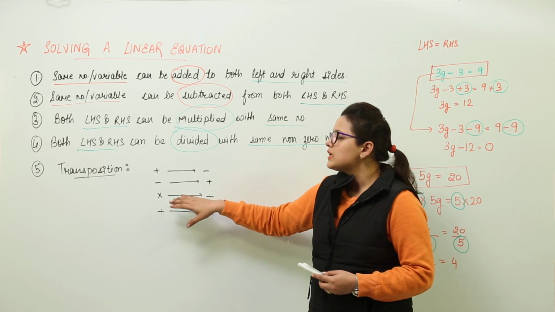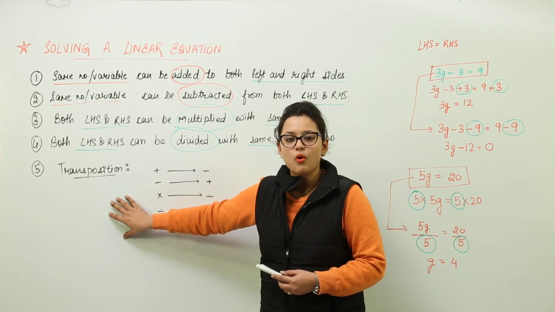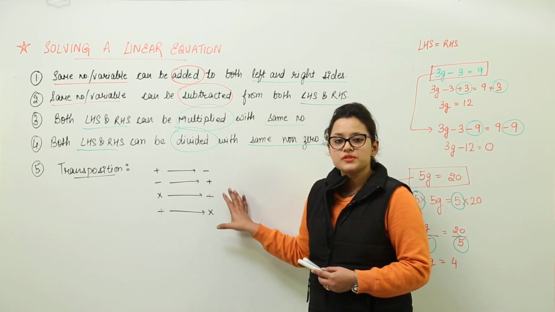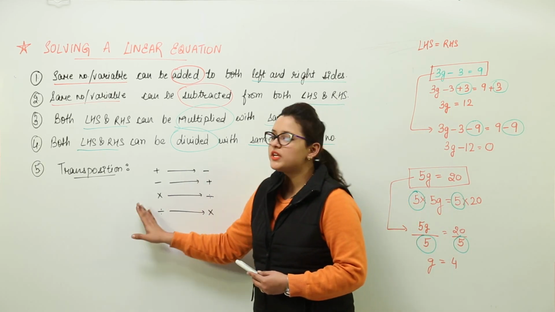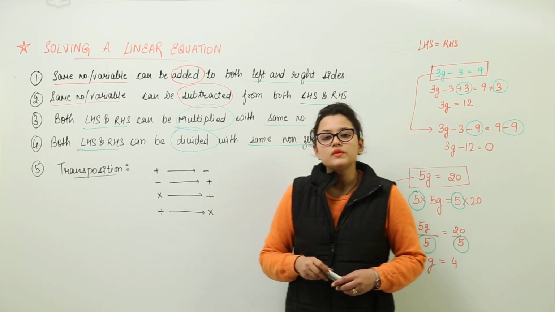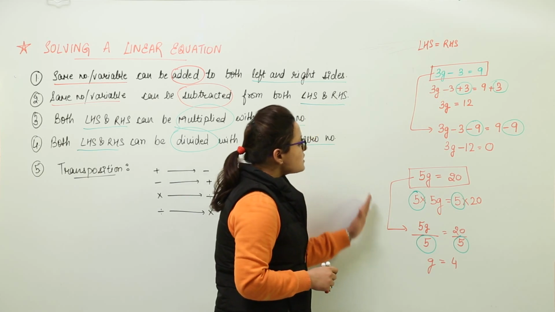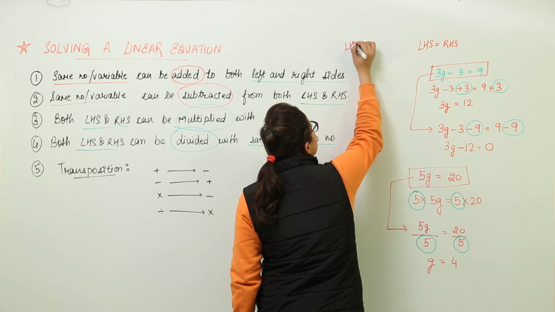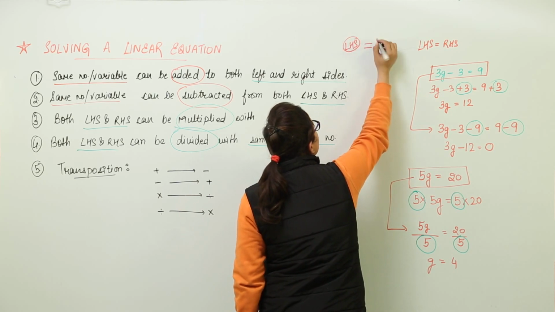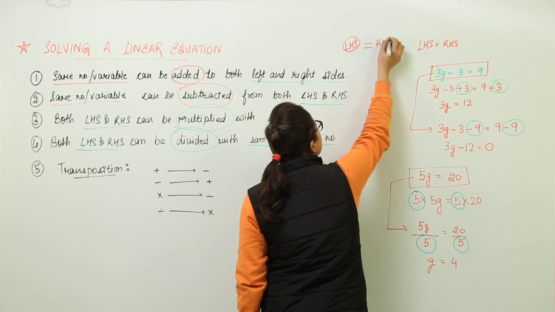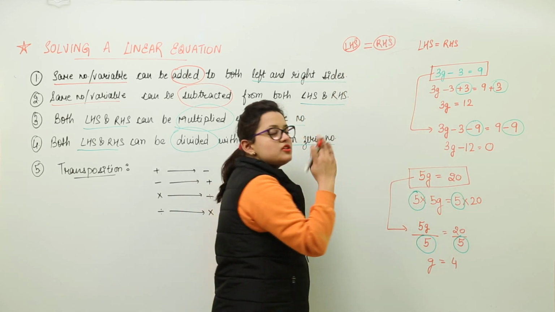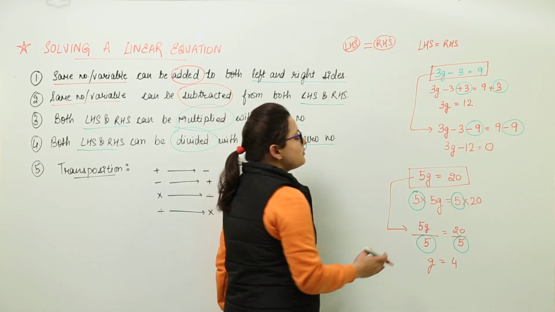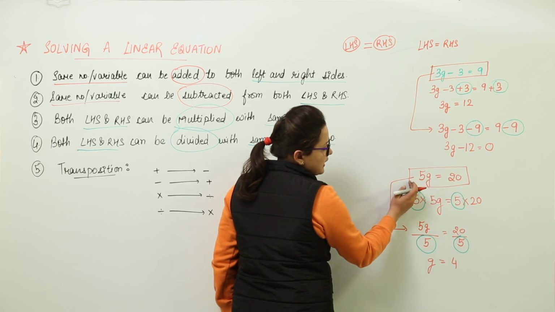Now the fifth one is the most important rule, that is transposition. Transposition means changing the position. Now how do we change the position? The positions are to be changed on the basis of the equal to sign. The terms that are written on the left hand side and the terms that are written on the right hand side can change their position. The term written on the left hand side can come to the right hand side.